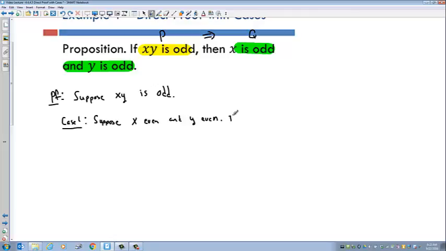Right, so then we know that x is equal to, let's say, 2a, and y is equal to 2b, where a and b are certainly integers, so elements of Z. And this is by definition of even.